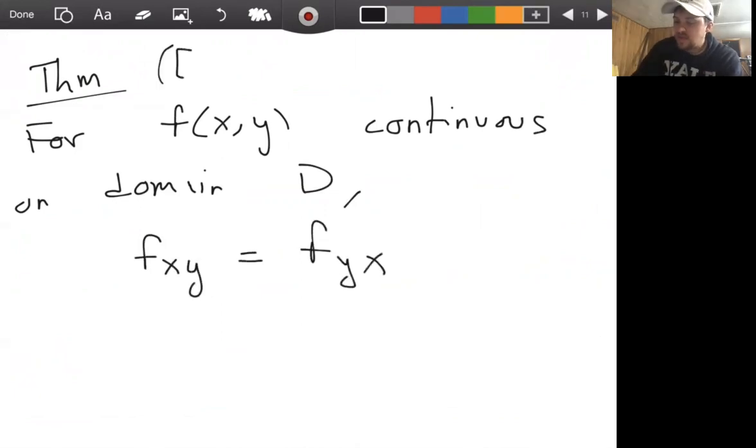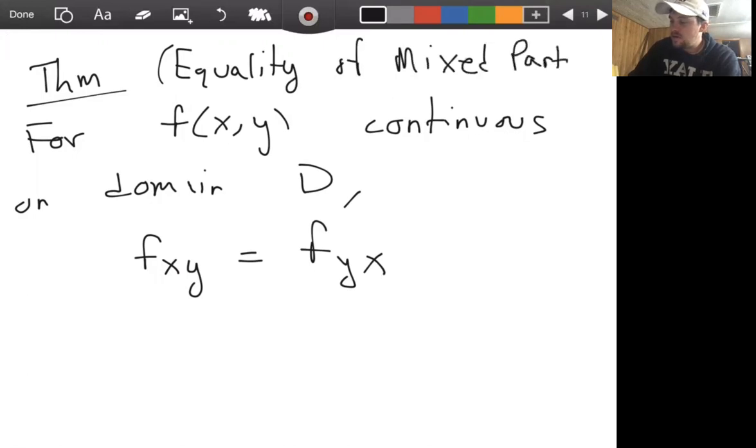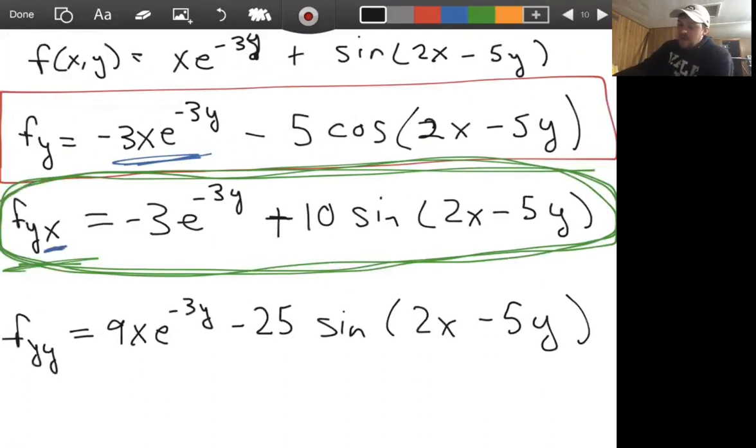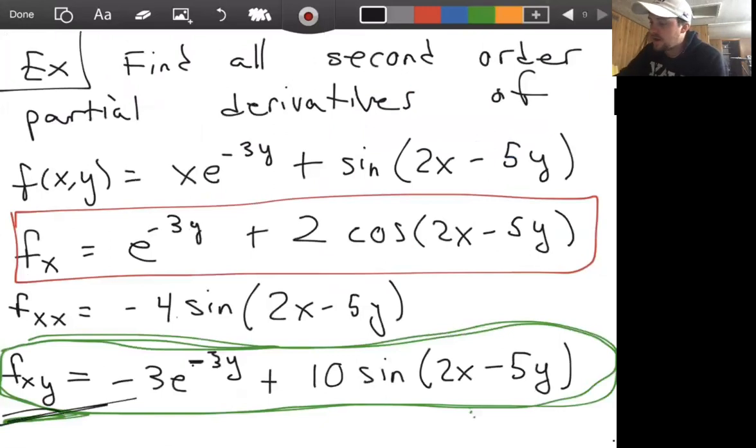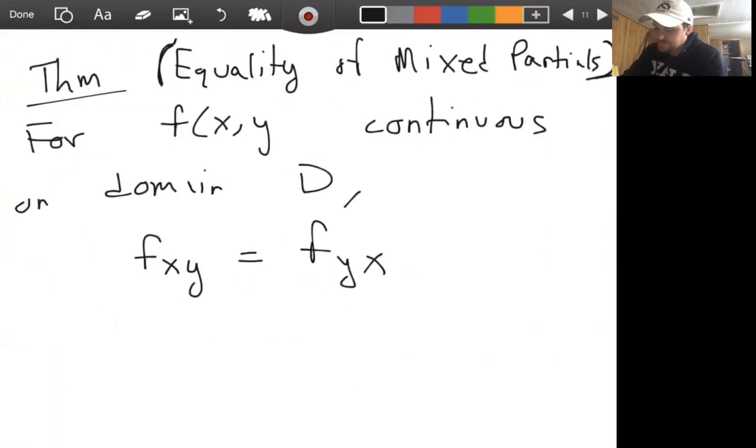And this is equality of mixed partials. Right? And so here was a first example verifying this theorem, is that f sub yx was indeed the same as f sub xy.